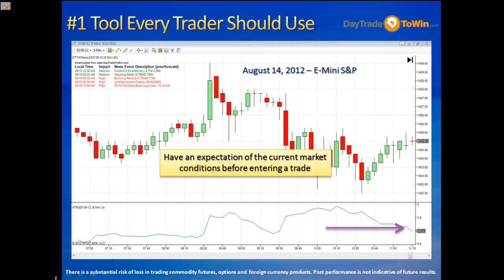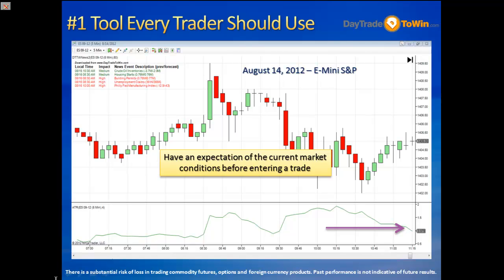I want to have an expectation of the current conditions before entering into the trade, right? I don't want to think to myself, regardless of what's happening, I want to take 5 points profit and a 5-point loss, or I want to take 10-point profit and a 10-point loss. That's not what I want to do. I really want to understand what's happening.